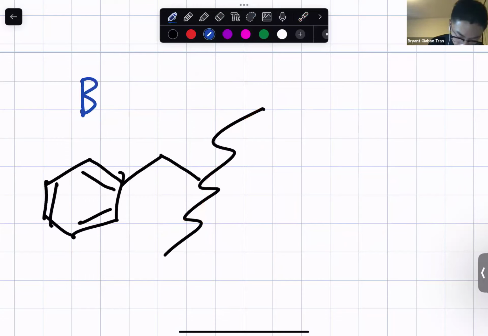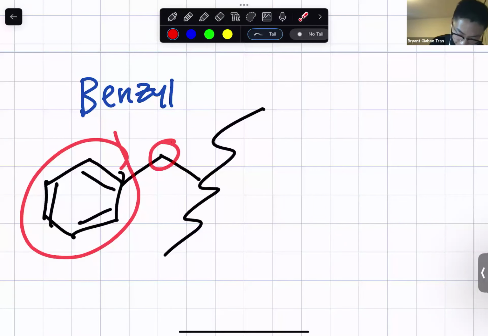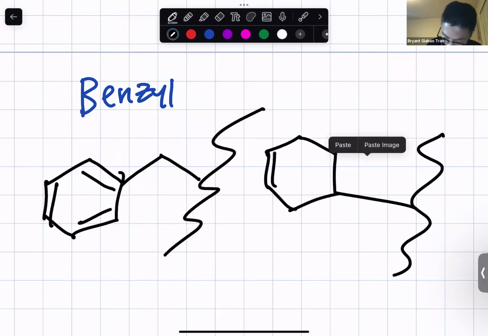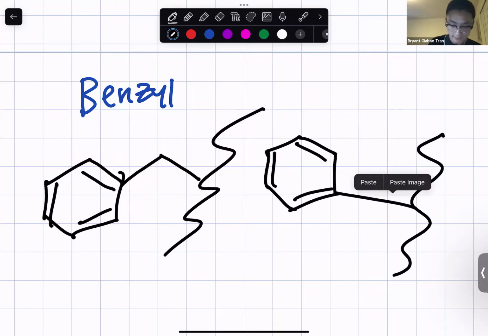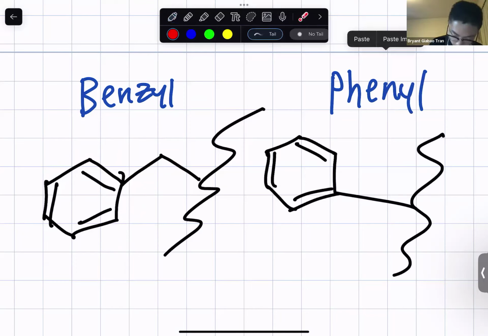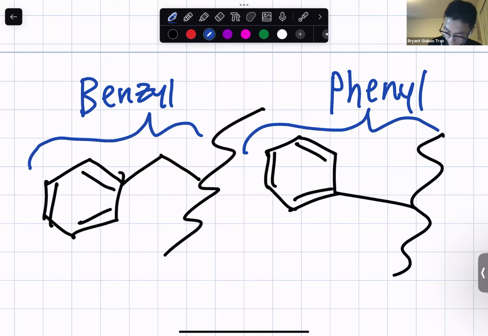This is the benzyl group, where you have a CH2 first, and then the benzene ring. But if you have this substituent where you have the benzene ring right away with no CH2 separating the main chain and the benzene ring, this is the phenyl group. The benzyl group has the benzylic carbon there. The phenyl group has no benzylic carbon separating the main chain and the substituent. This is the substituent there.